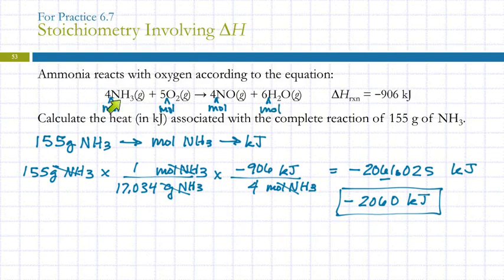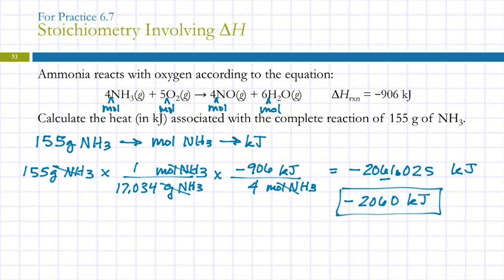So if 4 moles of ammonia react completely, meaning there's enough oxygen for it, this much stuff is going to be produced, this much energy is going to happen. Does that make sense? Yeah, I thought it was like for NH3, just like in general, not. No, it's for this particular reaction.